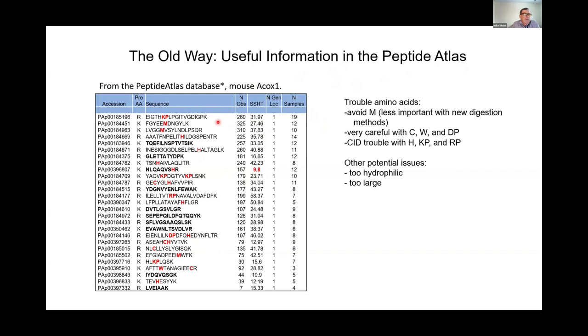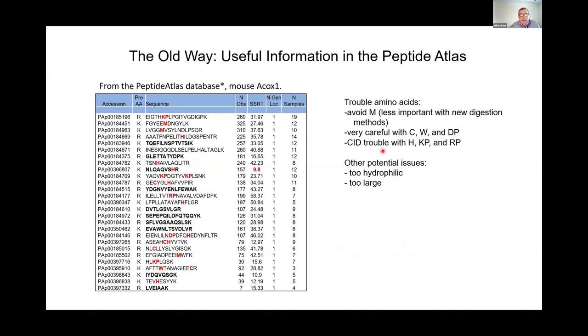But in the development process, and again, this is sometimes where I worry about the DIA results, we tend to avoid methionine because it can oxidize. We're very careful about cysteines because of the need to alkylate them. Tryptophans can oxidize. Peptides with DP bonds can cleave in certain acidic conditions.